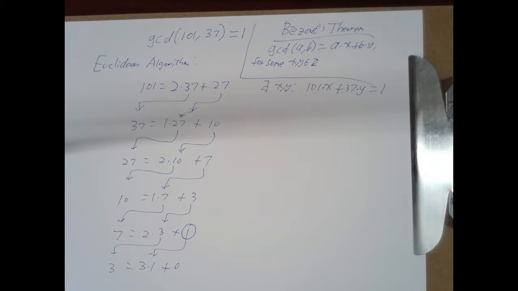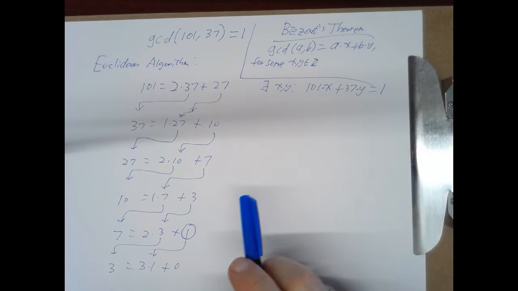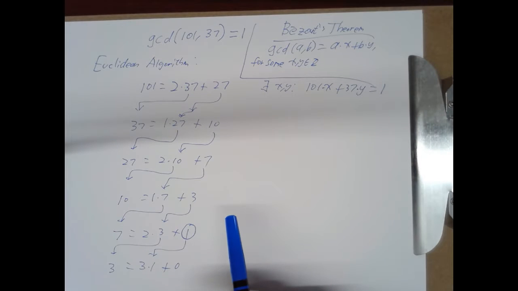And this is going to be useful when we do crypto systems. But for now, we can accept Bezout's theorem that there is a way to write a combination of those two numbers that will get us to 1.